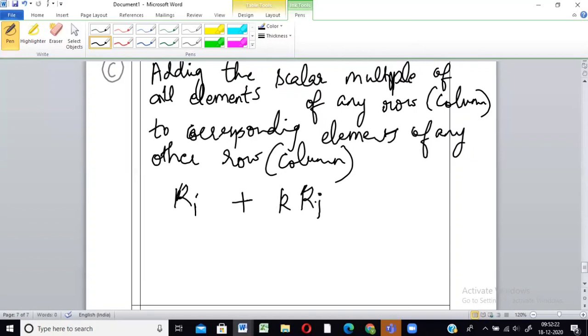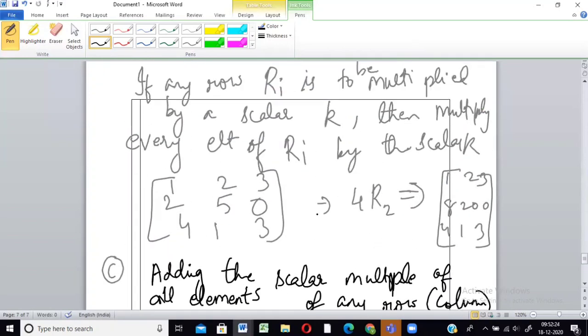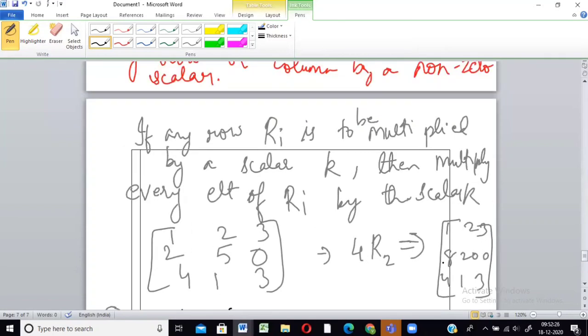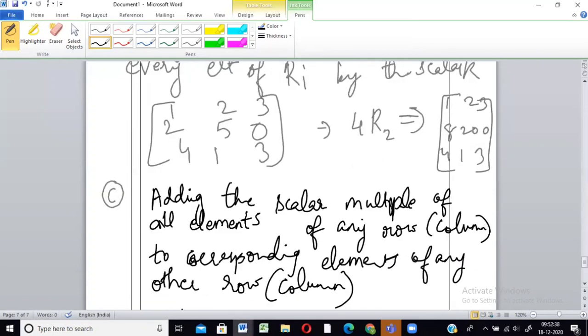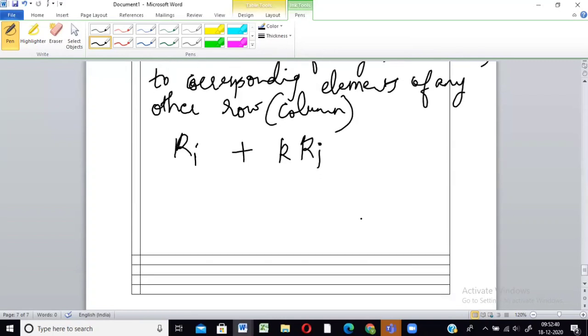Like in the example above, we did 4R2. In the next step we can also have something like R1 plus 4R2, so that R1 becomes 1 plus 8, 2 plus 20, 3 plus 0. That will be written as R1 plus 4 times R2.